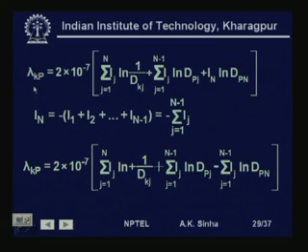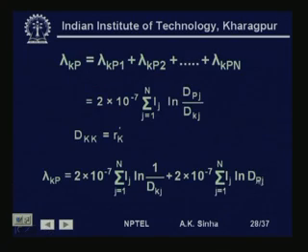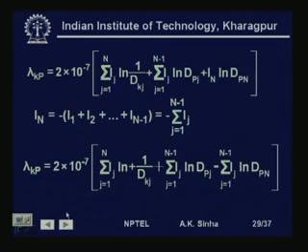Therefore, lambda_kP is equal to 2 into 10 to the power minus 7 sigma Ij ln 1 by D_kj plus, now the term that we had used here, Ij ln D_pj, we are separating it into two parts.